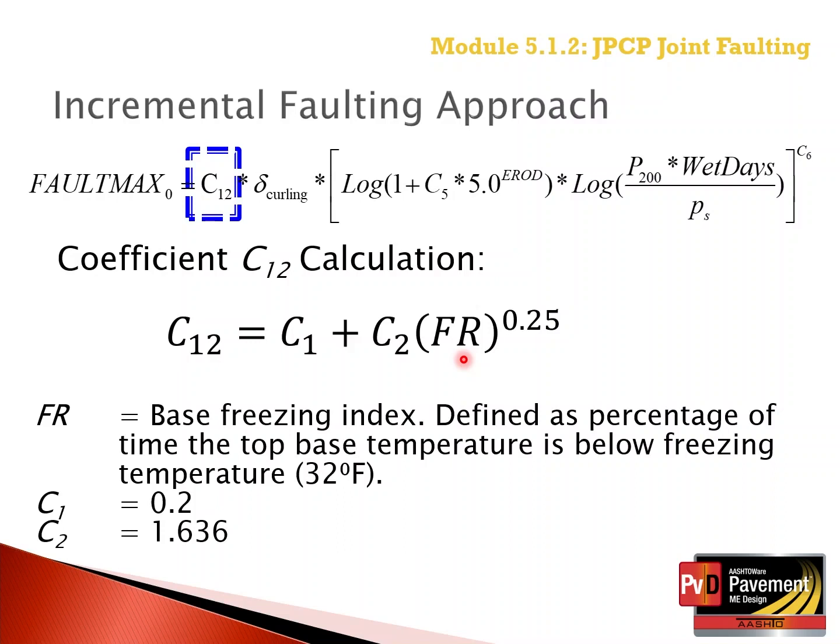For the time increments when the base temperature is always above freezing, the coefficient C1 is 0.2, and the C2 coefficient is 1.636, which applies to all incremental faulting computations.